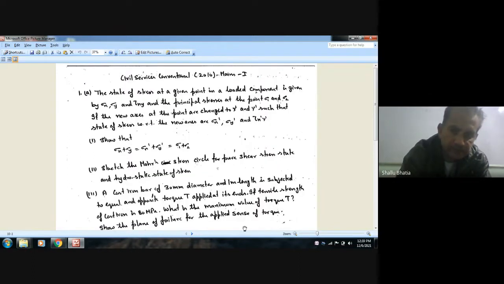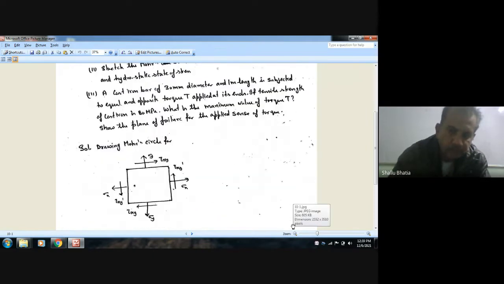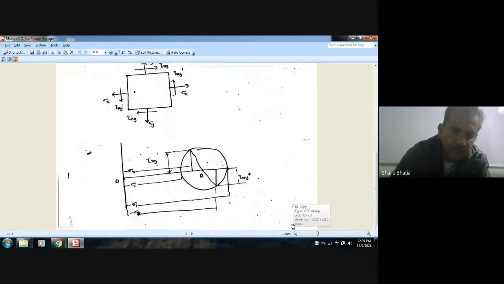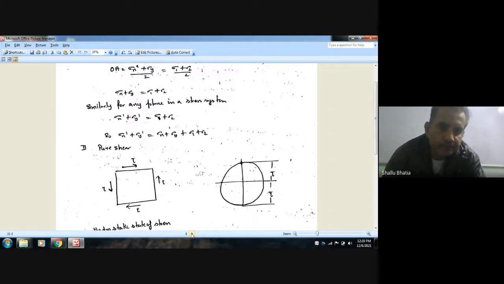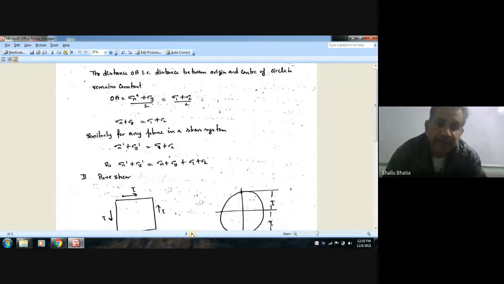So this distance remains the same. This distance is sigma 2 plus sigma 1 by 2, or sigma x plus sigma y by 2, or that of any sigma x dash and sigma y dash. Now if we take any other plane, the stresses acting are sigma x dash and sigma y dash.